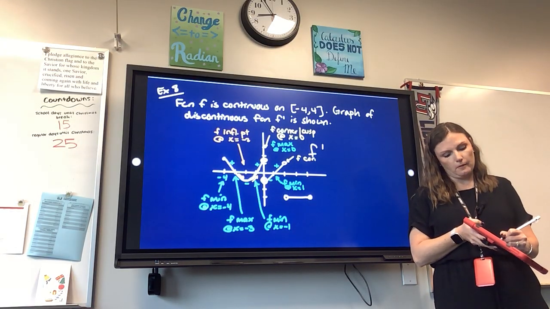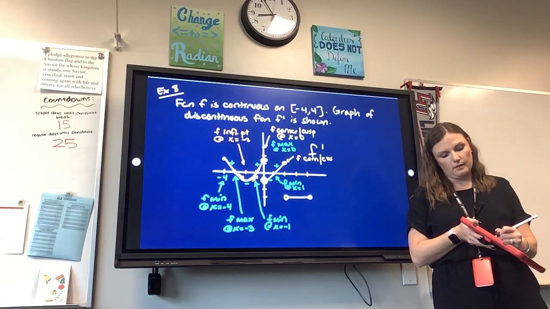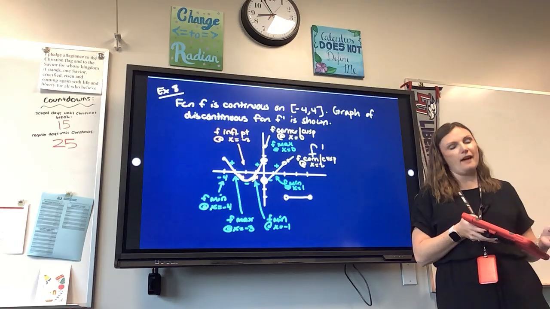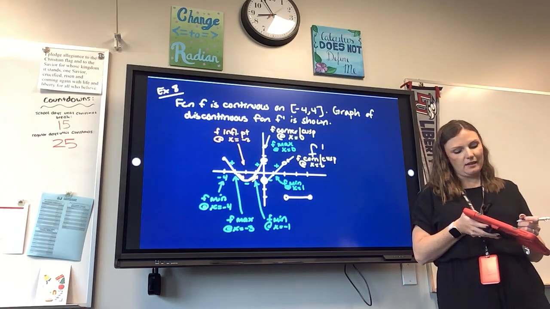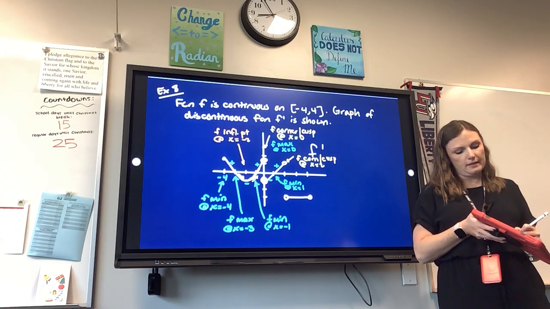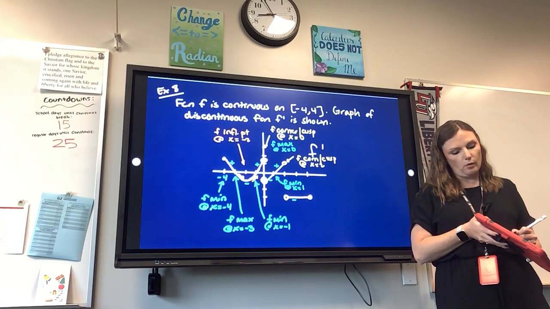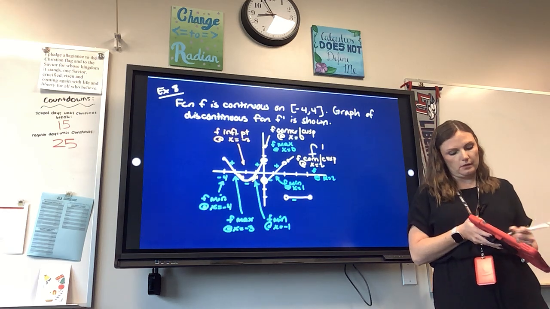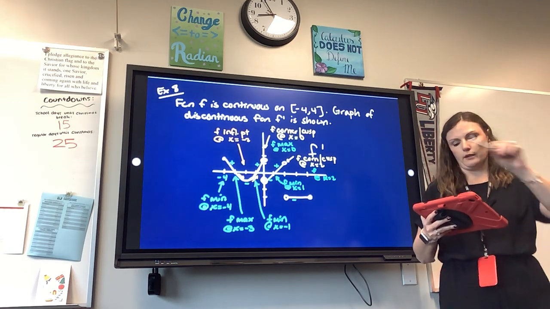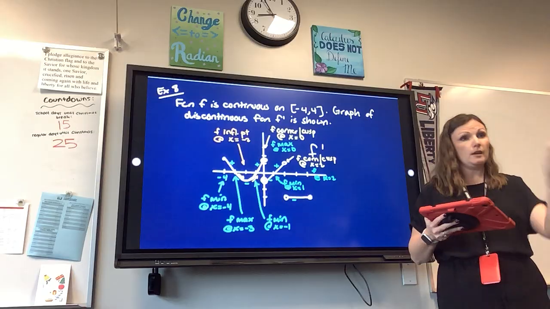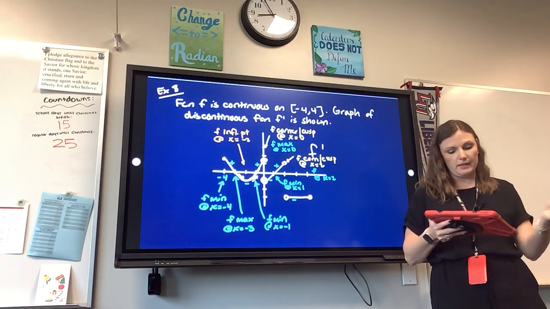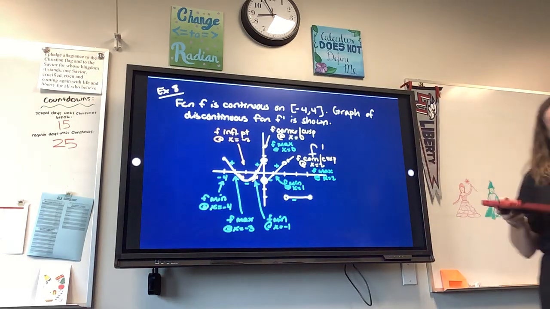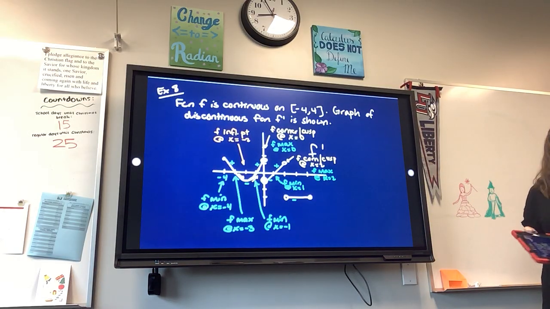So f corner cusp at x equals 2, but also we have a change in sign because we are going from positive to negative. So what does that create? That's a max. So f is going to have a max at x equals 2 as well. It's going to be a corner or a cusp, but it's still a max.